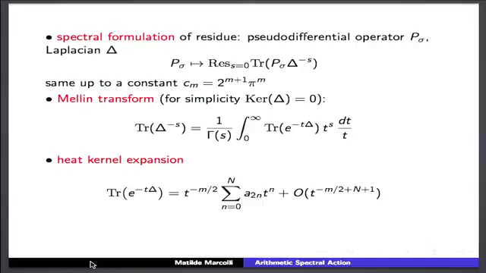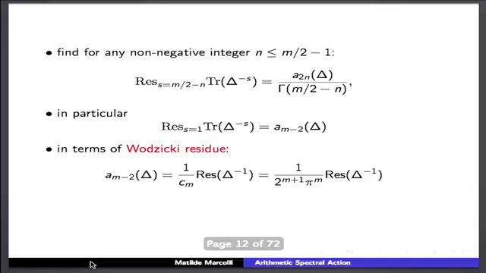So the terms that you want to compute in the heat kernel expansion, let me just go directly to the thing. The term that you want to compute in the asymptotic expansion becomes a residue in this operator sense of this formal inverse, the parametrix, again, of this operator.